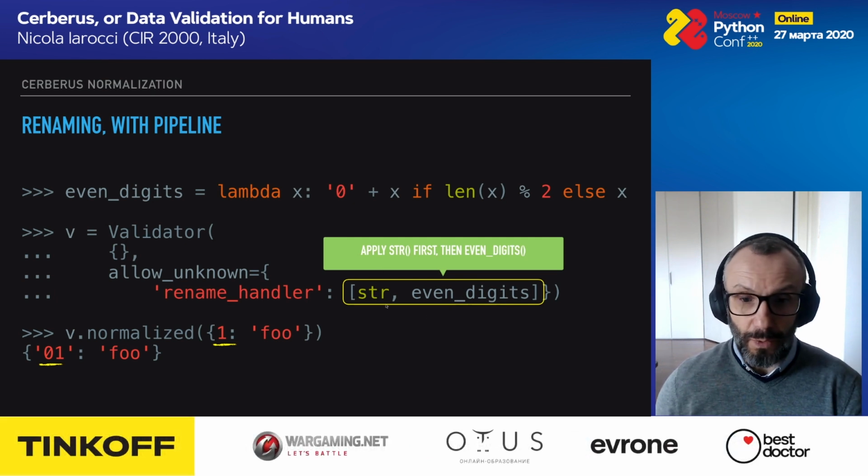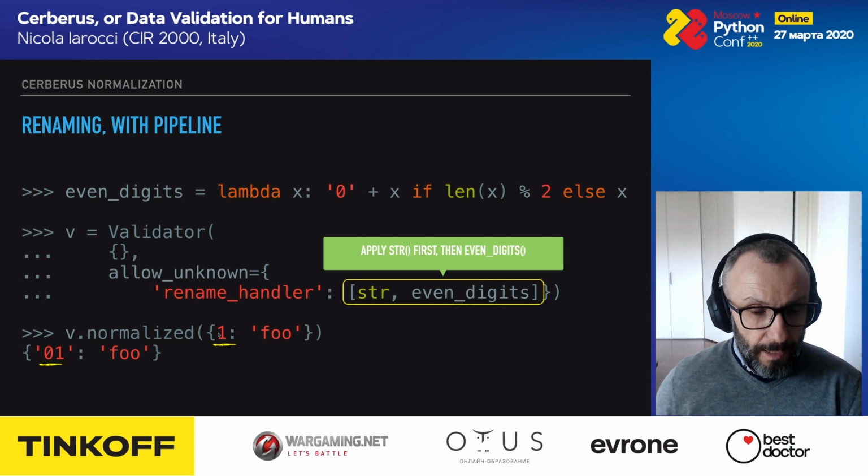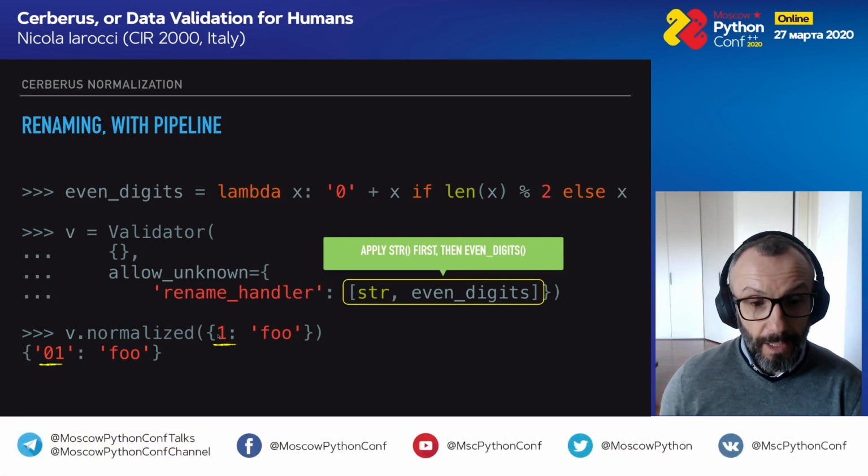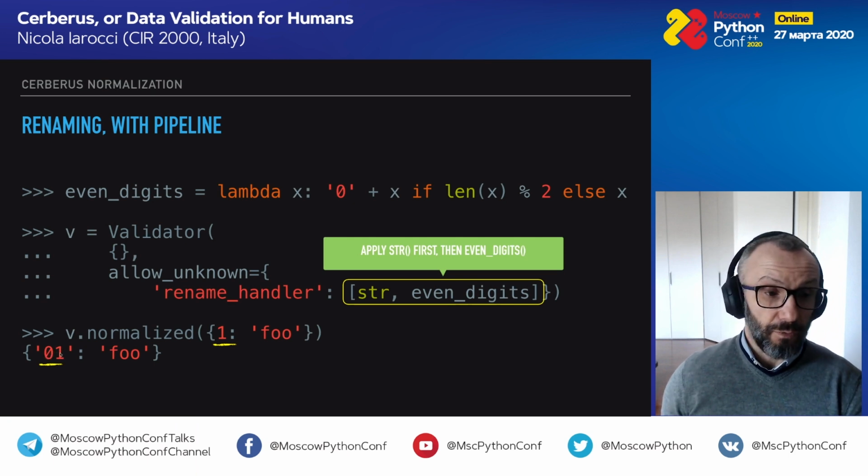So we first apply string, and then we apply our lambda here. Again, let's look at this document. This document has a numeric key. We transform it to a string, and then we transform it to an even digit.